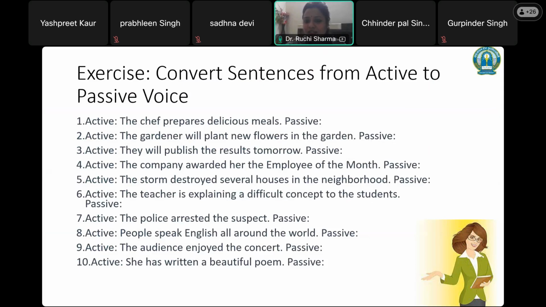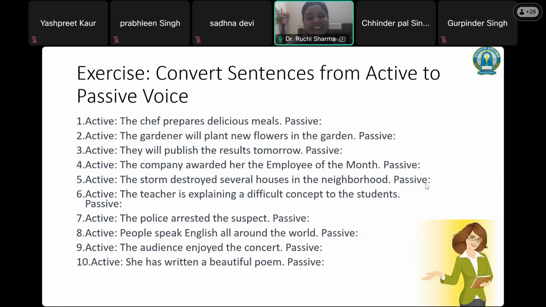Kuldeep: Difficult concept to the students is being explained by the teacher. Okay, correct. Kuldeep, your answer was correct. But I'm sorry, I did not look at the next sentence.